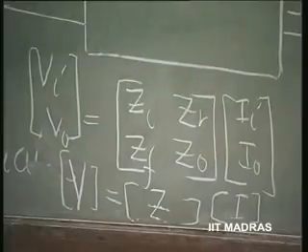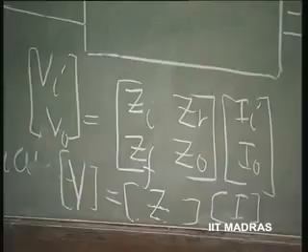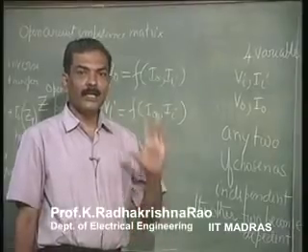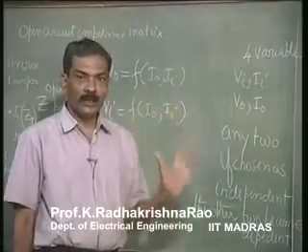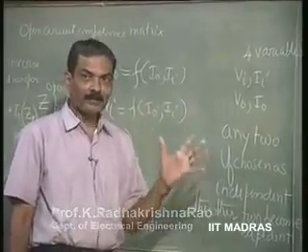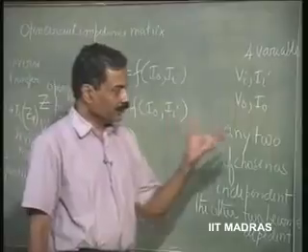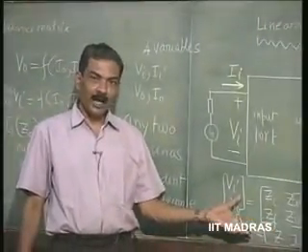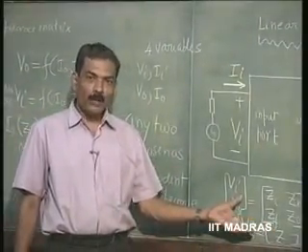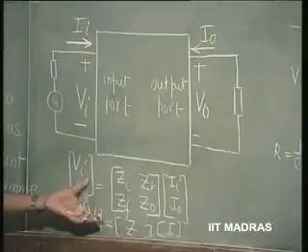So this is the matrix representation of the parameters, without really going into anything regarding amplifiers. This is valid for any linear two-port network. Now let us understand this and see what this can lead to in terms of amplifiers.